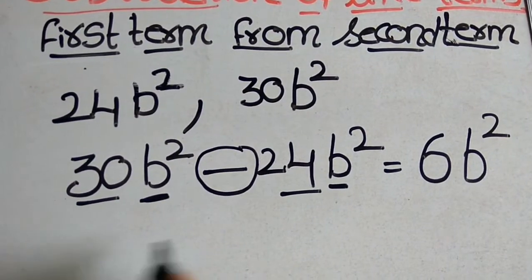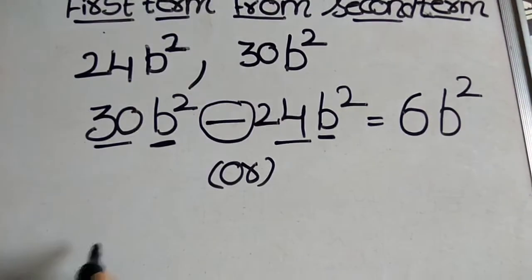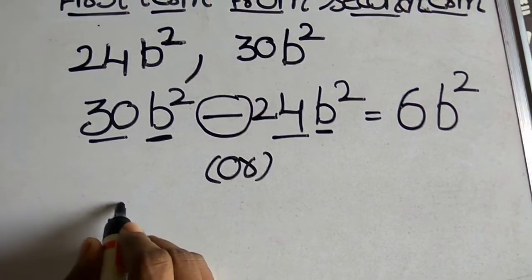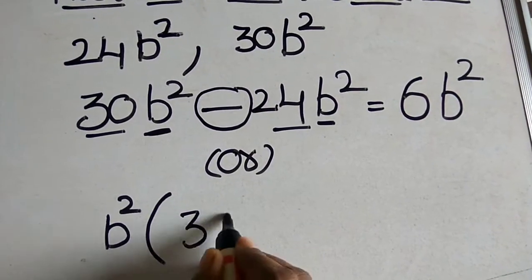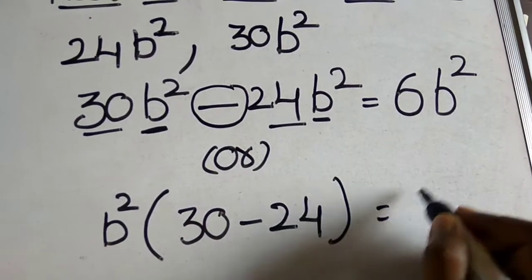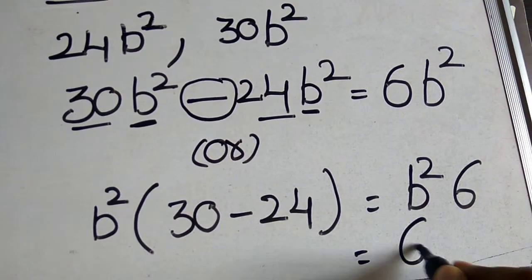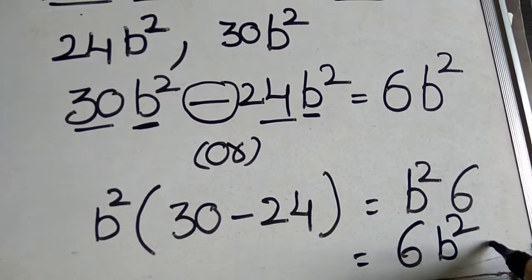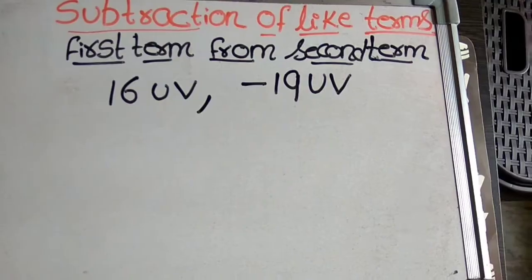Or also you can do it by taking b square as common from those two terms, that is b square, and take the leftover numbers. Yes, 30 minus 24. Why we are taking minus 24 and why we are not taking plus 24? Because here we are doing subtraction, that's why. So now have you checked 6b square and 6b square?